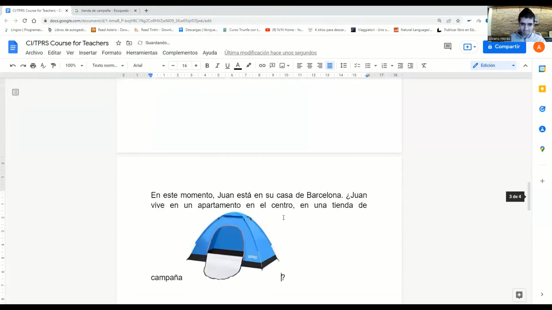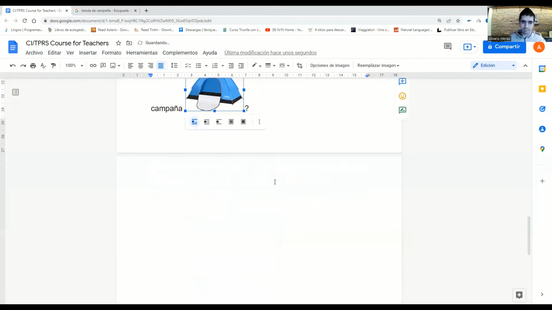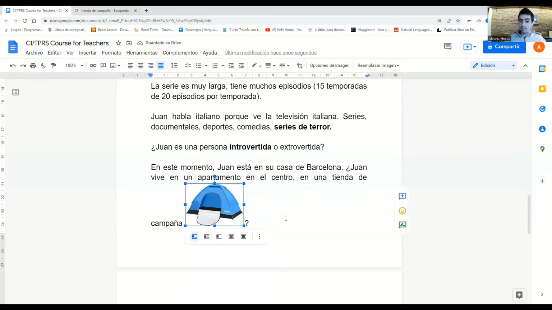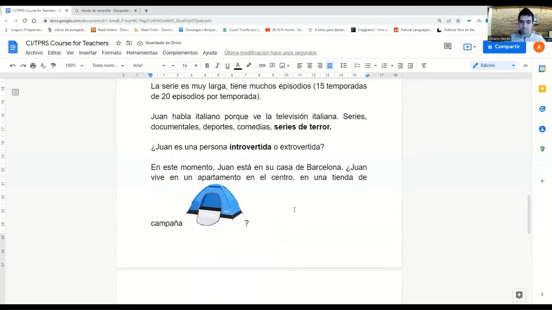Again, I'll use pictures when necessary. En una tienda de campaña, en un parque. And now we're starting to introduce more creative or weird details, right? So, Juan vive en un apartamento en el centro, en una tienda de campaña, en un parque, o vive en la playa.